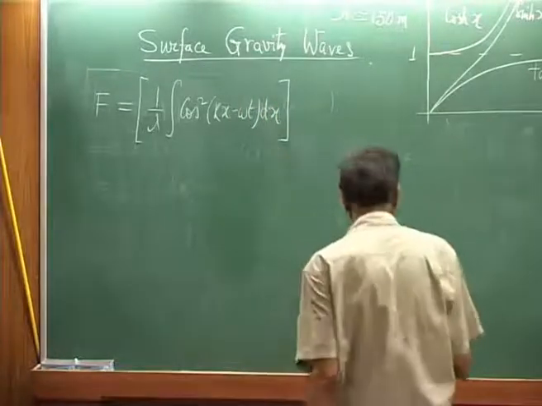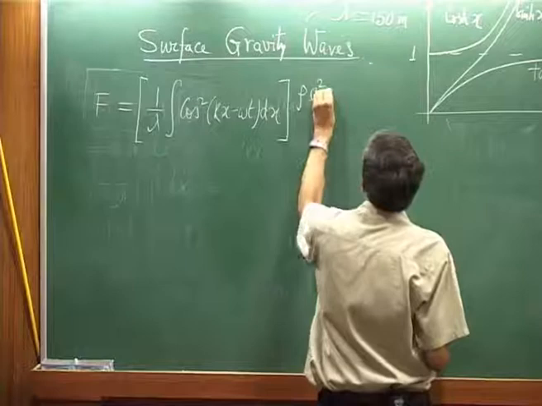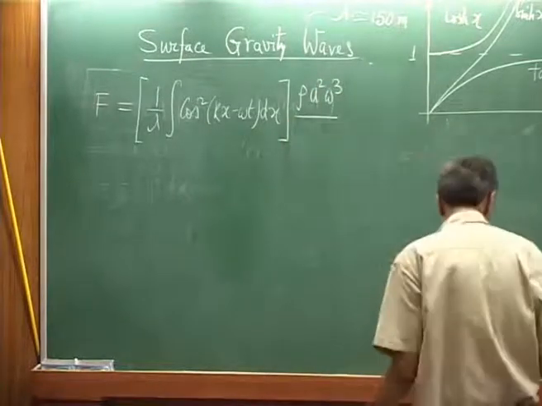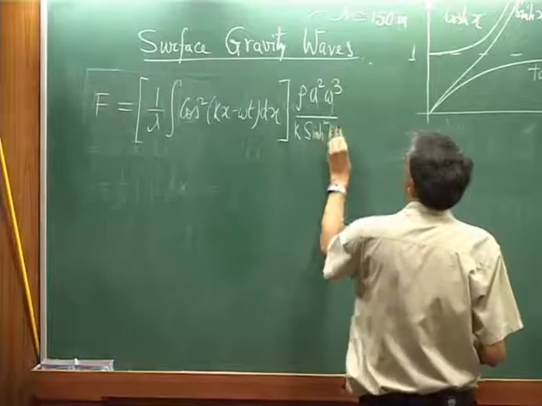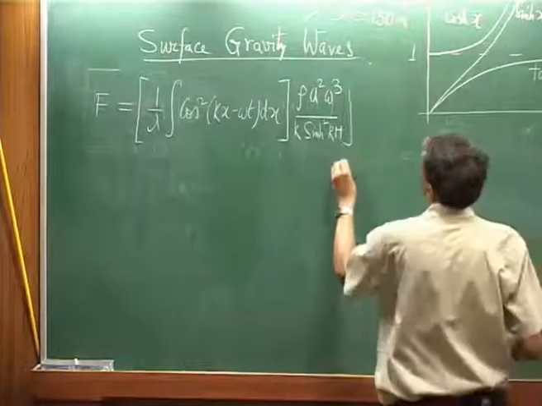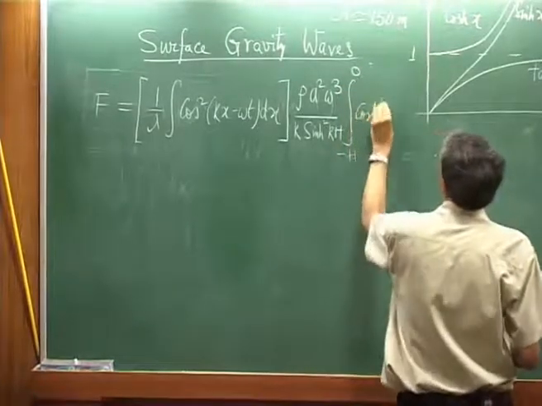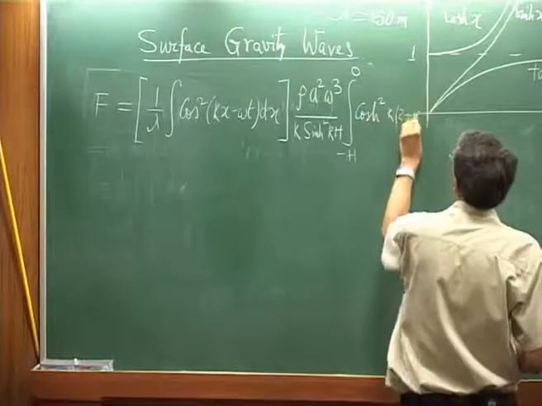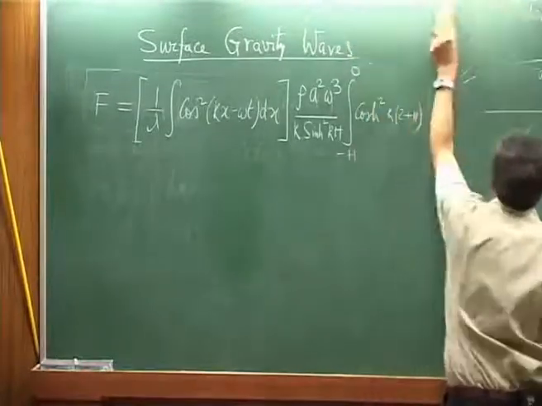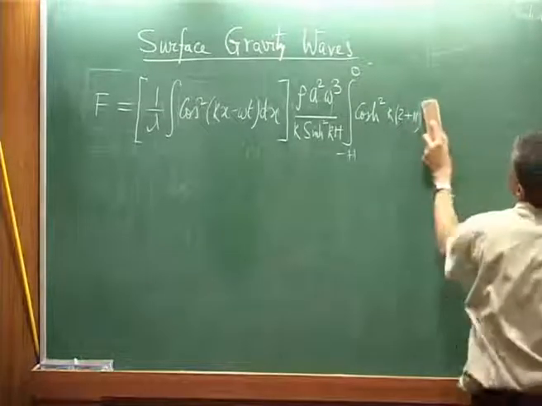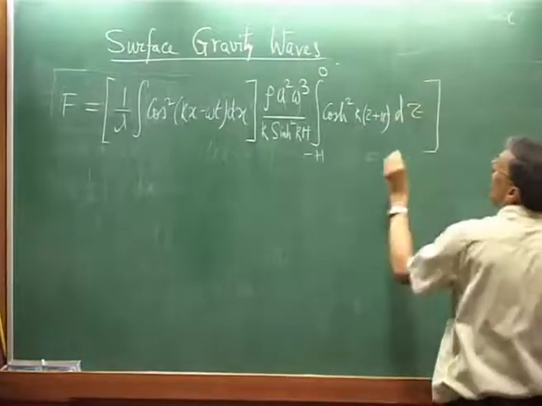This part is multiplied by all those associated quantities: rho a square omega cube over k sine hyperbolic square kh, and we will be performing the integral from minus h to 0 of cosine hyperbolic square k(z plus h) dz. So there are these two quantities.